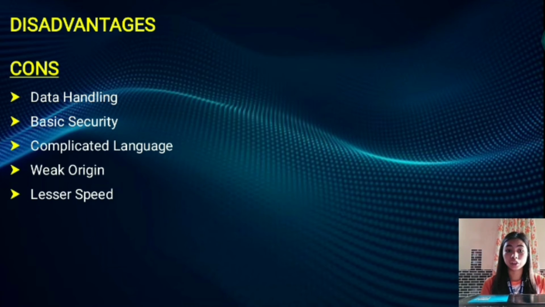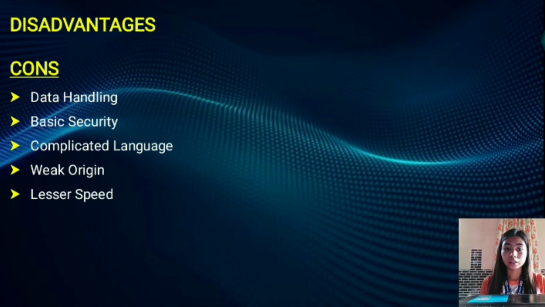Next disadvantage is weak origin. Why? Because R shares its origin with a much older programming language, S. This means that its base package does not have support for dynamic or 3D graphics. With common packages of R like ggplot2 and Plotly, it is possible to create dynamic 3D as well as animated graphics.